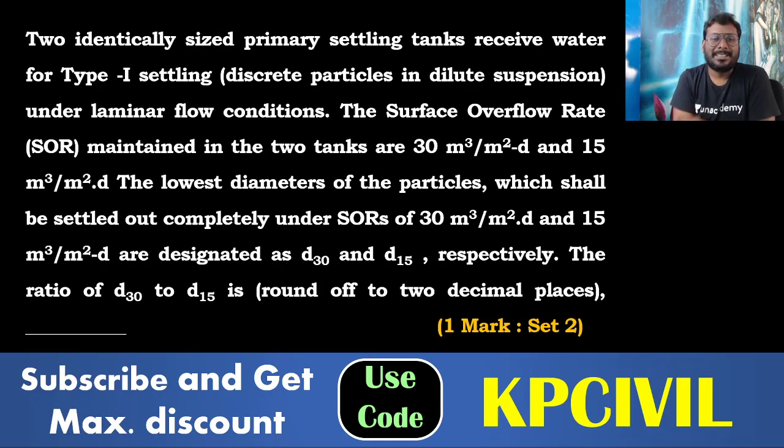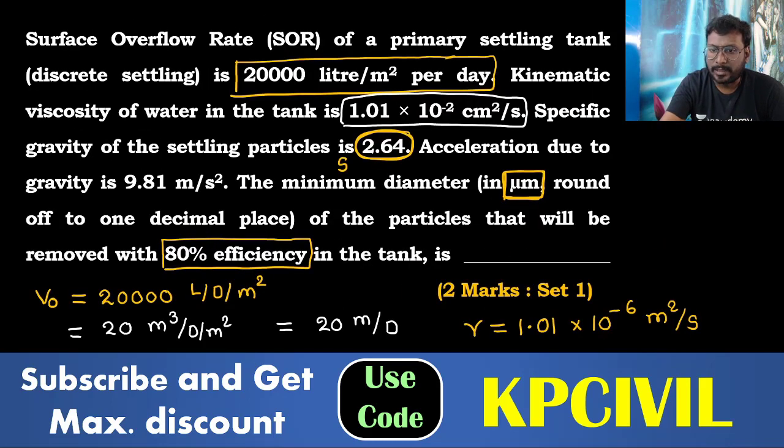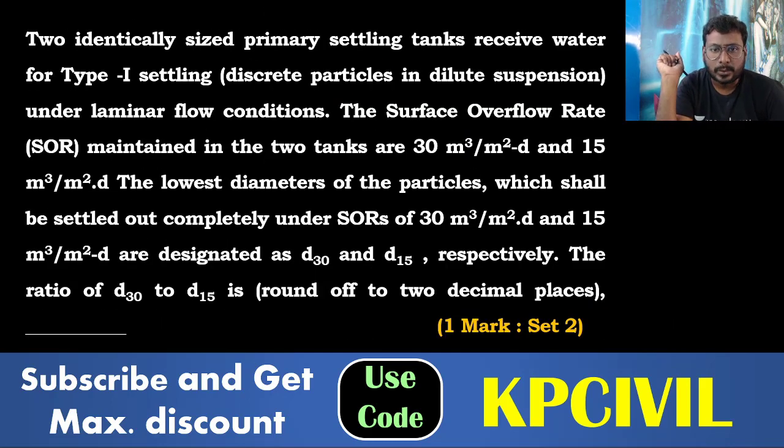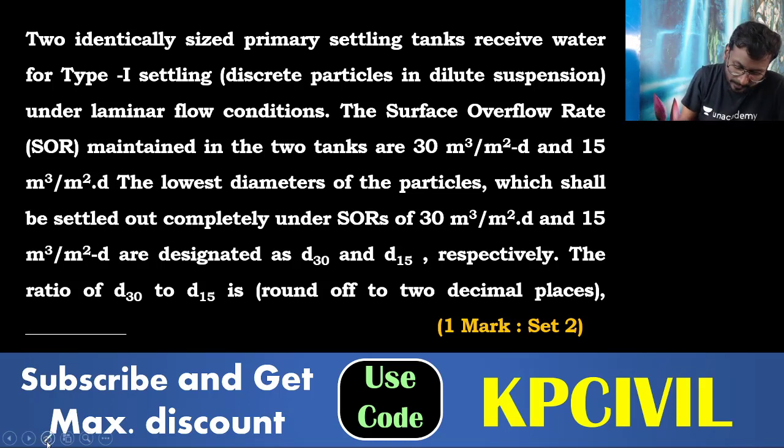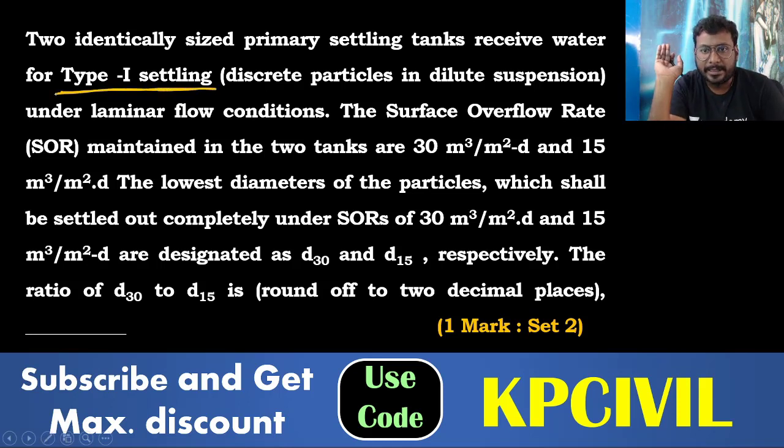Clear? So next question. Next question related to again sedimentation. This one is set 1. This one is set 2. Very big question. Two identically sized primary sedimentation tanks receive water for type 1 settling. You underline this. The information is completely related to type 1 settling, means Stokes law valid.